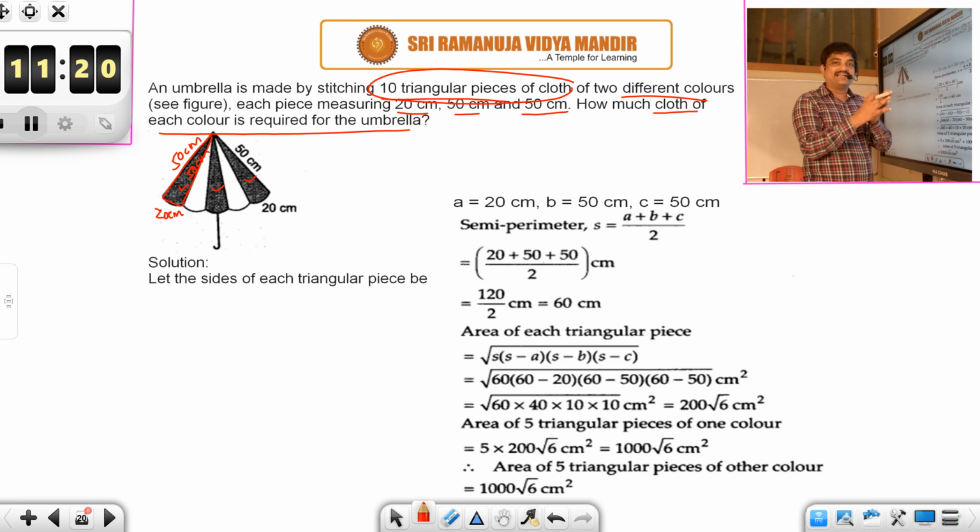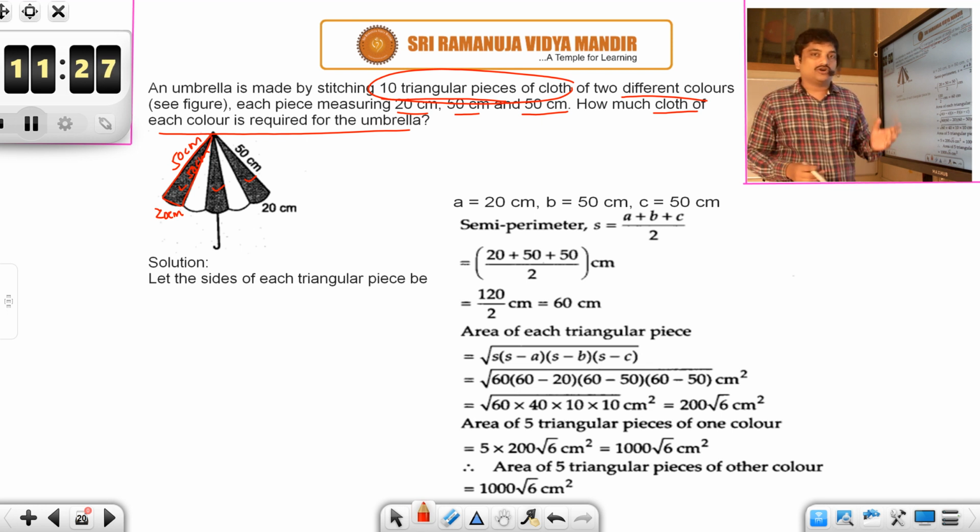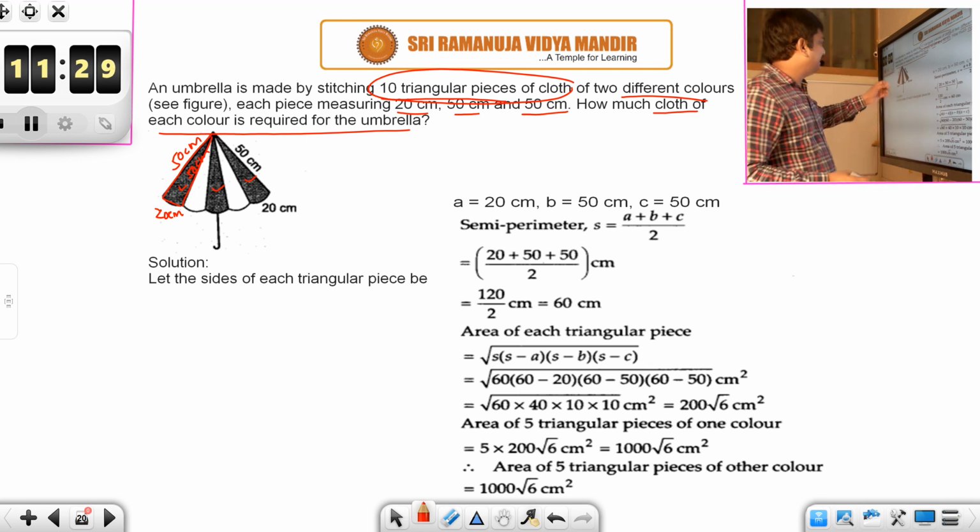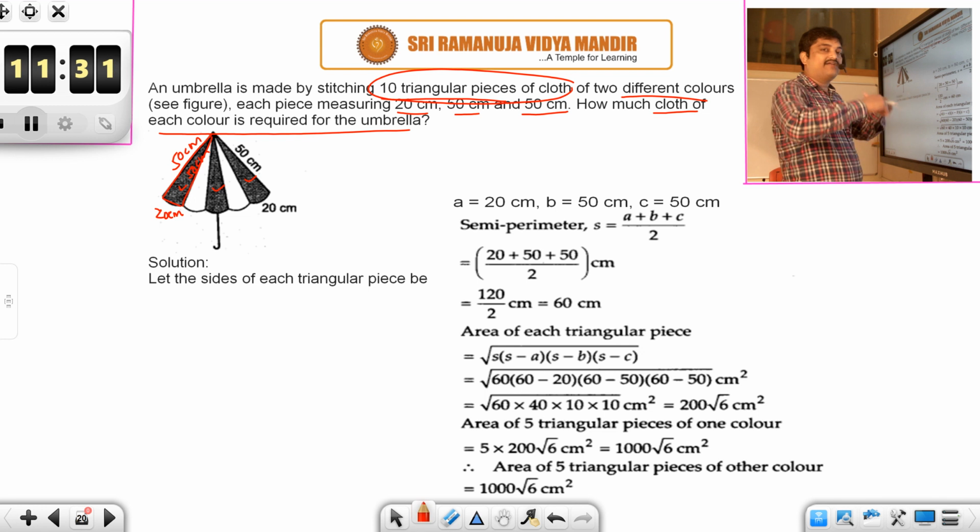So out of those 10 triangular pieces, 5 will be of one color and 5 will be of the other color, right? So here your job is to find the area of an individual triangle, and 5 times that will be of one color and 5 times the triangular piece area will be the cloth used by the other color. Okay, so let's see how to find it.